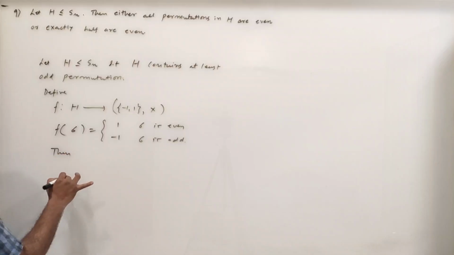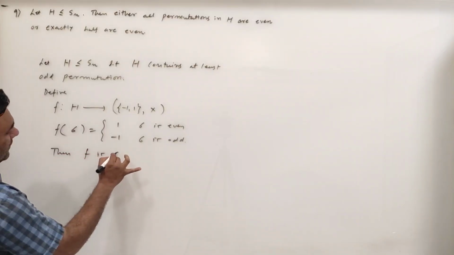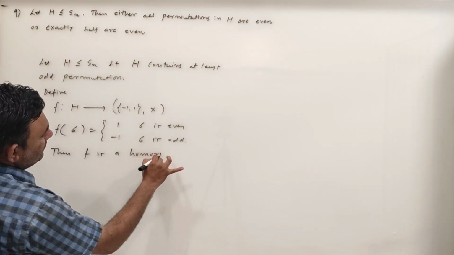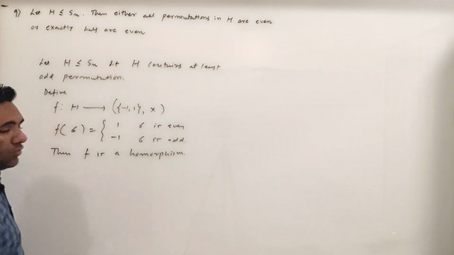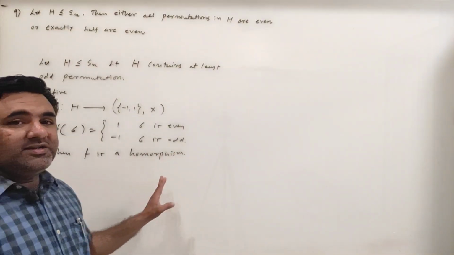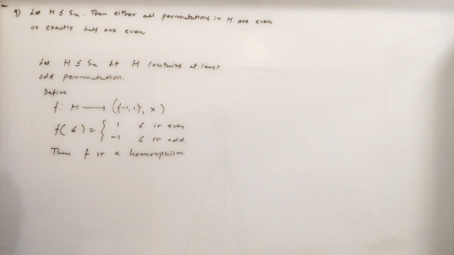Then f is a homomorphism. I am not writing the proof here, I had already discussed it in some previous lecture, right? So then f is a homomorphism.